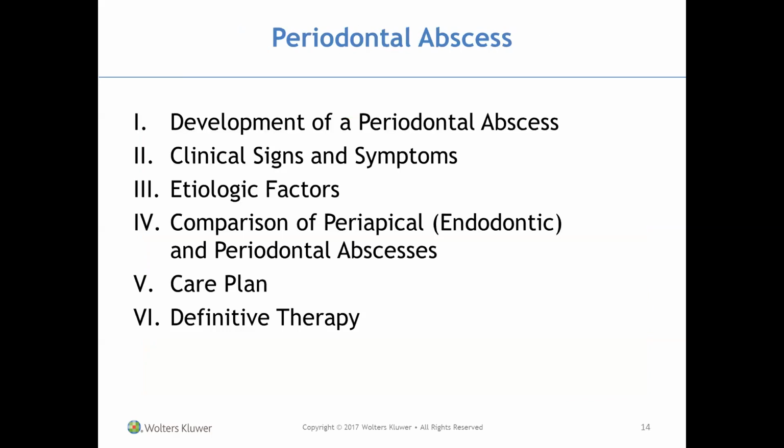Now, periodontal abscess is an abscess that is deeper in a periodontal pocket. You oftentimes can see the swelling. It needs to be ruled out from an endodontic situation, root canal situation, or is it a periodontal abscess? Sometimes it can be a combined.